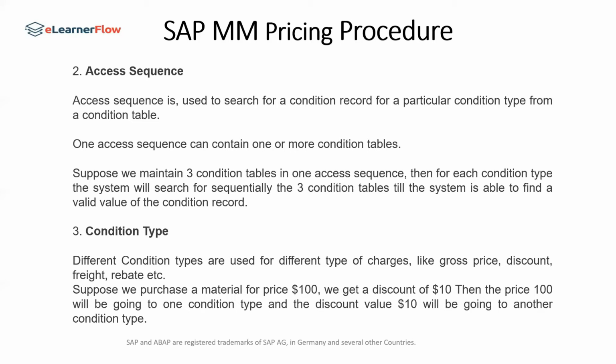So you need to create a condition type so that that value of 100 can be fetched into that condition type. Similarly, you need to create another condition type called the discount condition. And to this condition type, you can fetch the value or calculate the discount based on a percentage. So like this, you define various condition types that you require to complete or configure the entire pricing procedure.